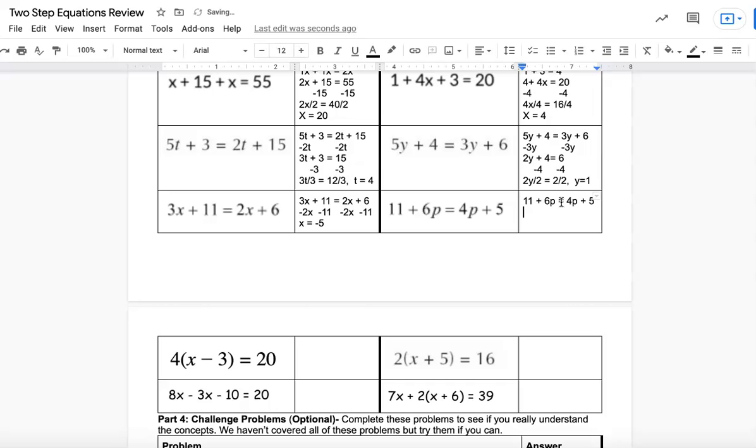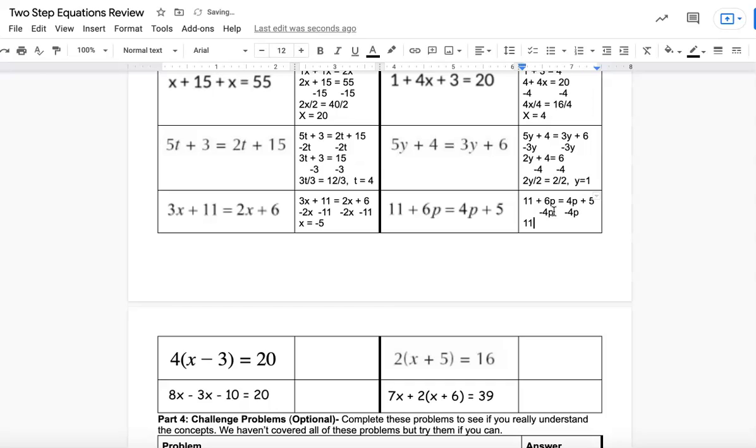Again, I'm going to do the 2 steps at once here. So in this one, I'm going to subtract 11 from that side, and then I'm going to subtract 4p. Oh, that's confusing. I'm just going to do the 1 step again, because it's going to start getting confusing if I don't. So minus 4p from both sides.